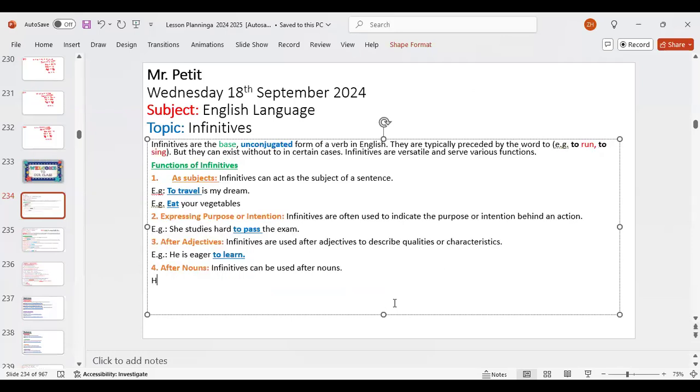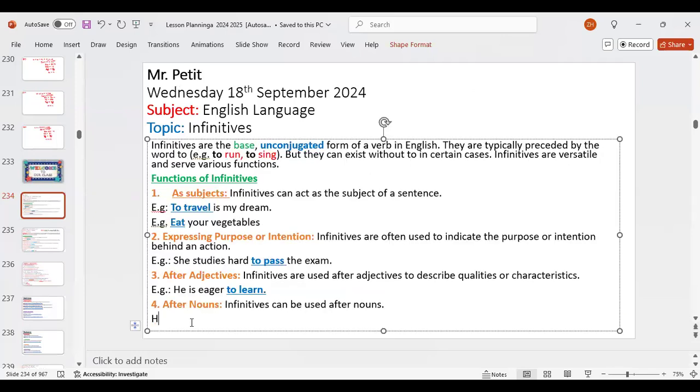His ability, it is too small. Let me increase it. His ability, let me use an example. So we say his ability to paint is remarkable.